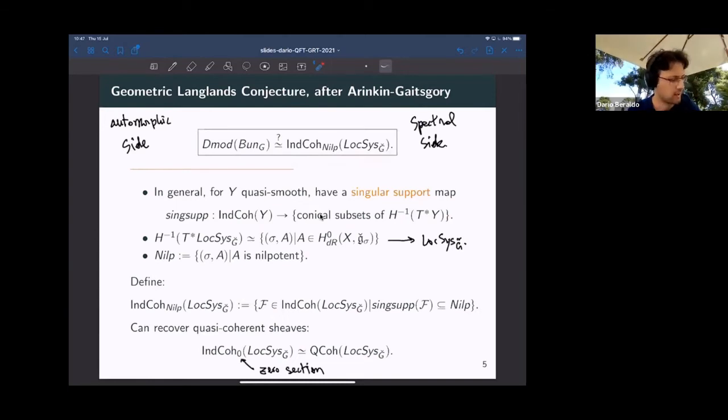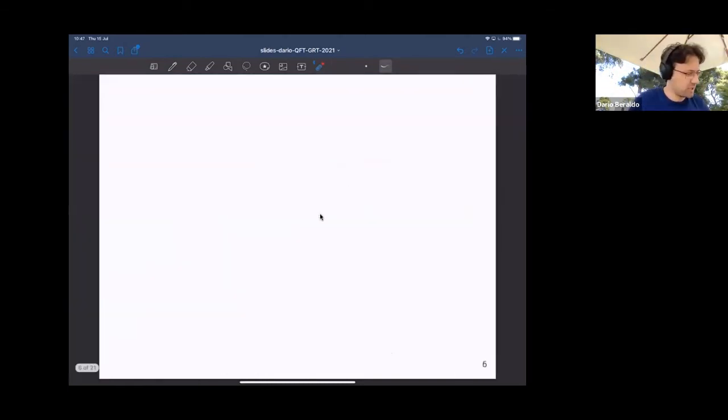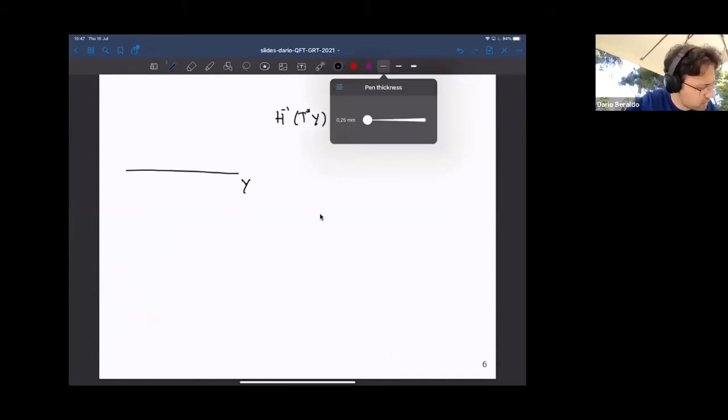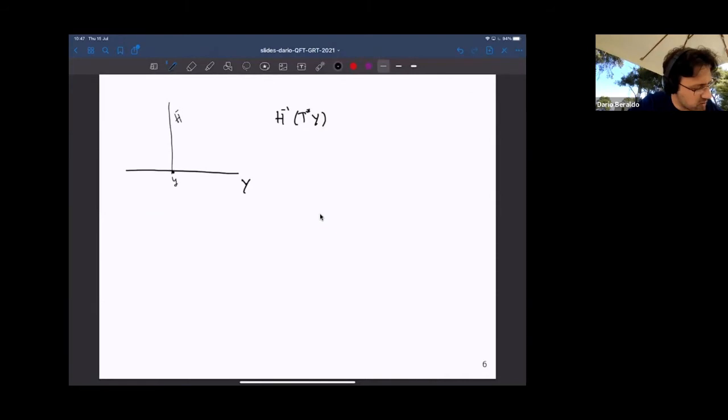Okay, so I have a clean page for some pictures because this is probably the most obscure thing in this talk. So consider a general situation. We have our space Y, and we form the H^-1 of the cotangent complex of Y. So for example, if I have a little point here, little y, the fiber of this space would be H^-1 of the cotangent complex of my scheme at that point.